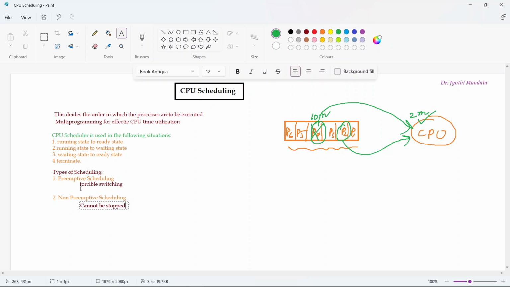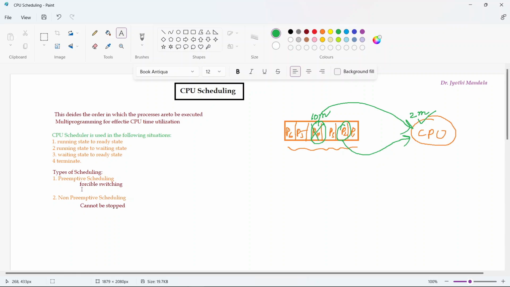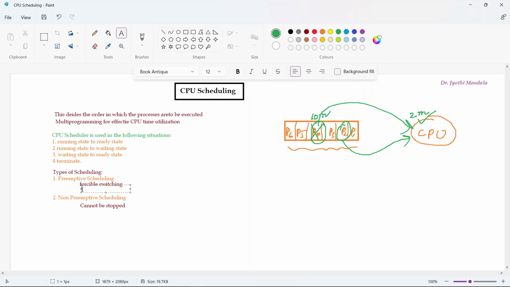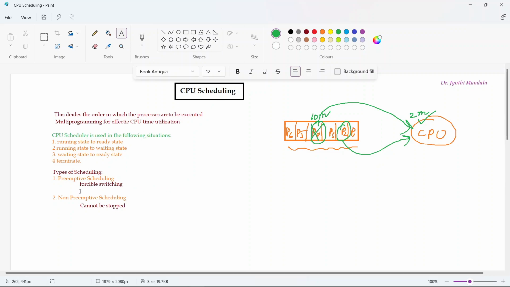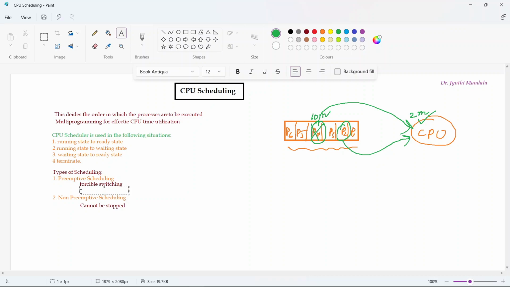Under preemptive, we will be learning about round robin algorithm, don't worry, we are going to learn all of these. SRTF algorithm, shortest remaining time first, that is the full form, and priority. These are the algorithms under preemptive scheduling.